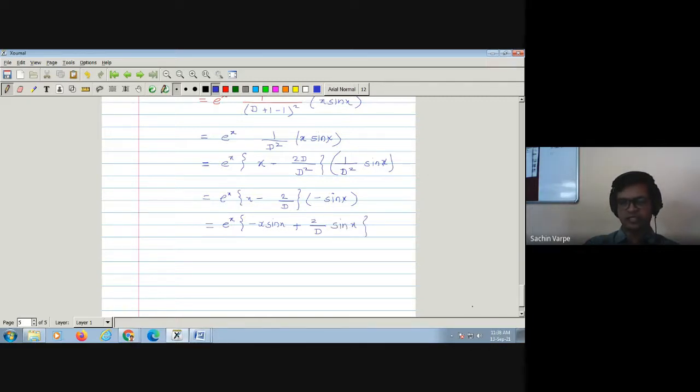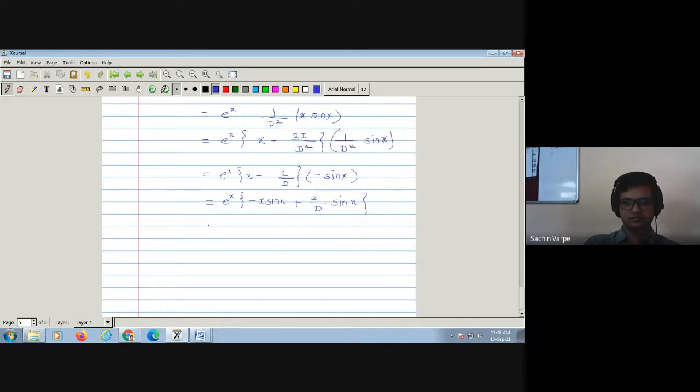And 1 upon d of sin x means what? It is integration of sin x. So that is minus e to the power x into x sin x plus 2 cos x. You can see here d is completely eliminated, and that is your final particular integral.